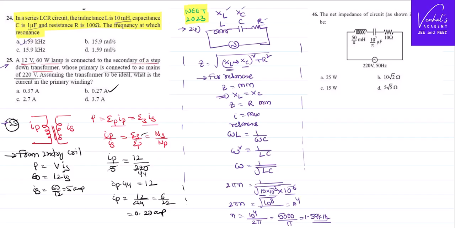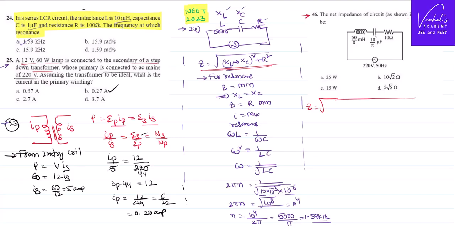There is one more question given in the exam in the same year from the same chapter. The net impedance of the circuit is how much? This is the formula, we have already discussed it. I can just use it. So net impedance is the root of (XL minus XC) whole square plus R square.